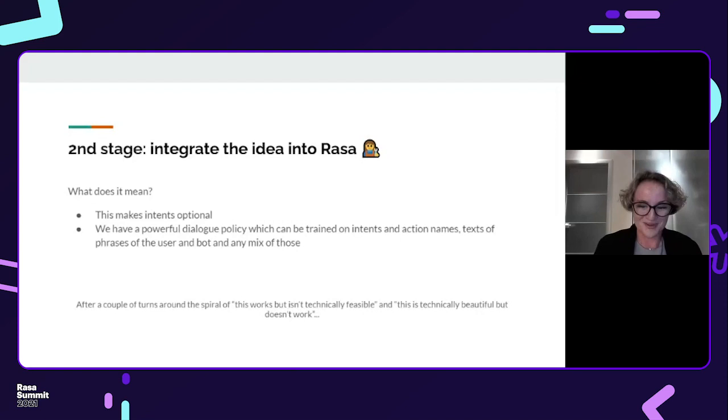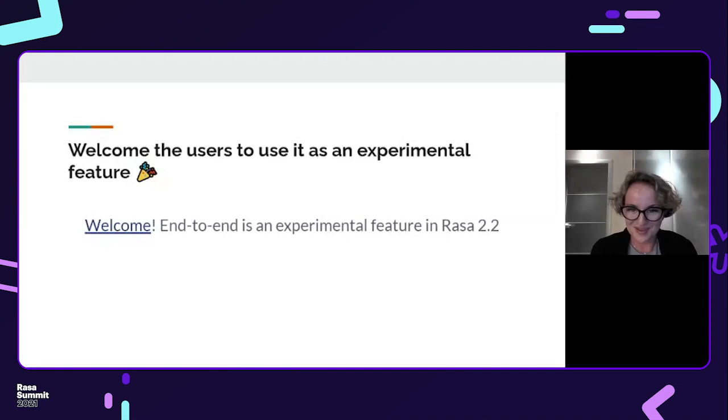But at the end of that spiral, where we are now, I think everyone at Rasa is pretty happy to welcome the users to use end-to-end as an experimental feature within Rasa, starting from Rasa 2.2. I hope that you give us feedback, but I'm a bit confused saying this because I'm not at Rasa anymore and I won't get your feedback, but I think everyone will be happy for useful feedback on end-to-end.